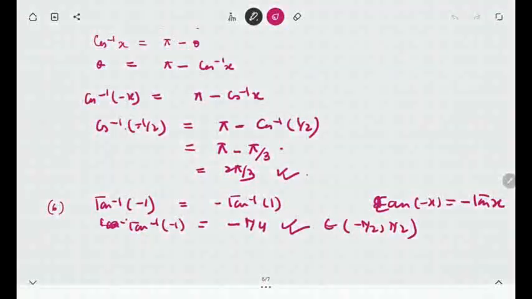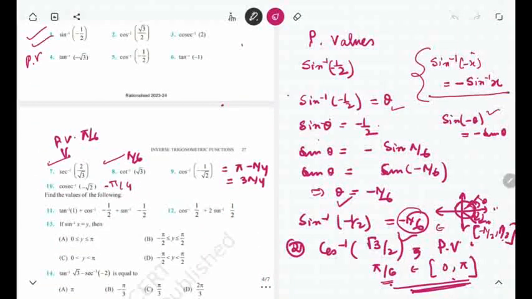Now question number 12: if sine inverse x is y, then y is between, options are given. 0 to pi is not a branch for sine.